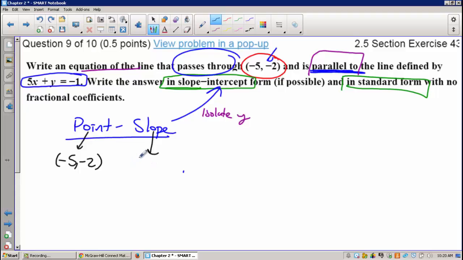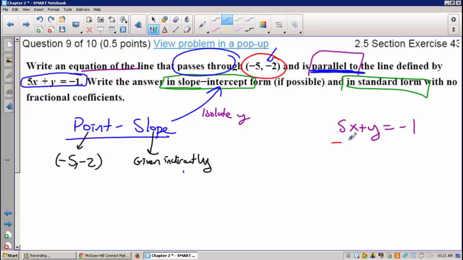Indirectly given. I wish they had given the slope directly, but it wasn't. It says this thing is parallel to this line, so you can get it. You just need to pull the slope information from the second line.